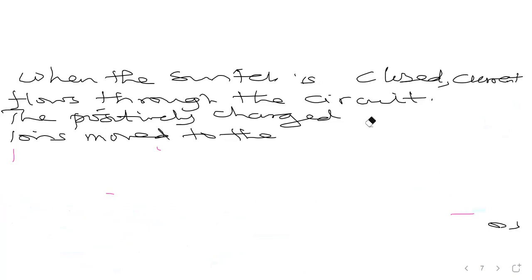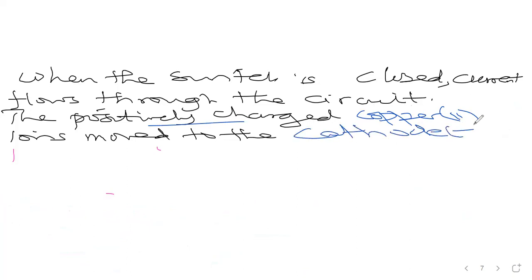So when we are electrolyzing copper 2 sulfate, the implication is that the positively charged copper 2 ions, remember they are positively charged, so they are cations, move to the cathode, which is negatively charged in an electrolytic cell.